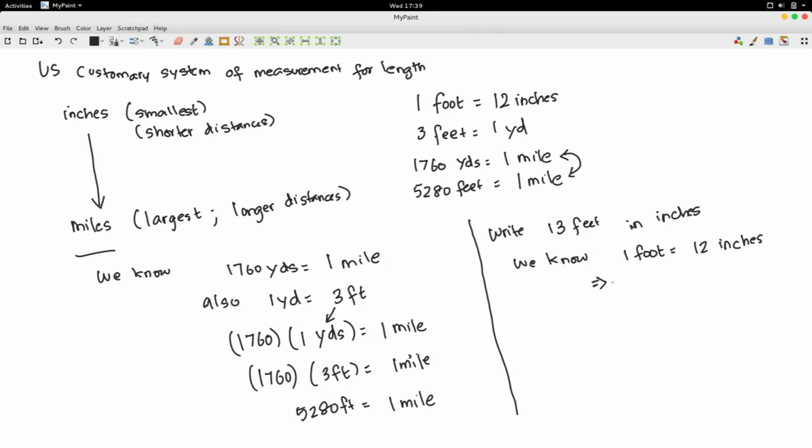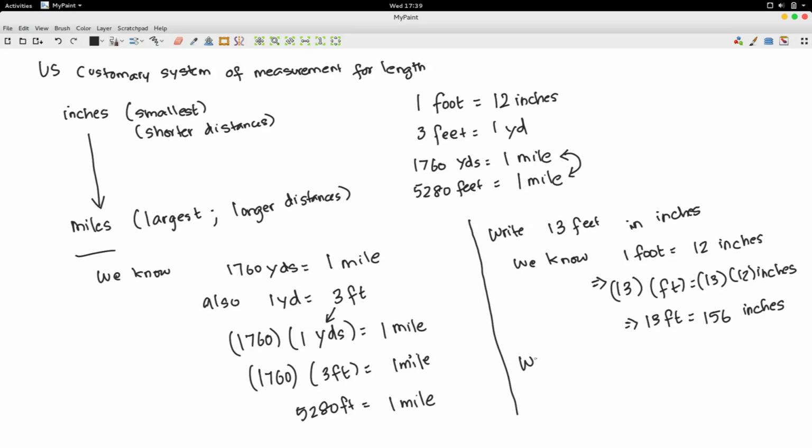This would mean you multiply by 13 on both sides. 13, now it becomes plural, feet would be equal to 13 times 12 inches. This would imply 13 feet would be equal to 156 inches.